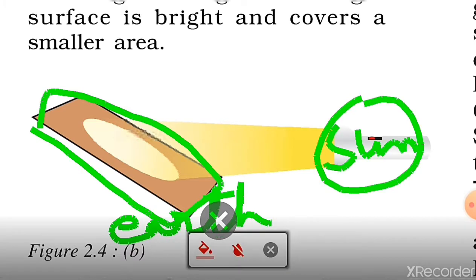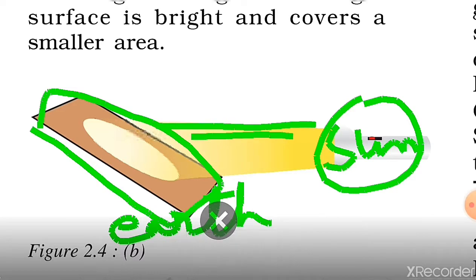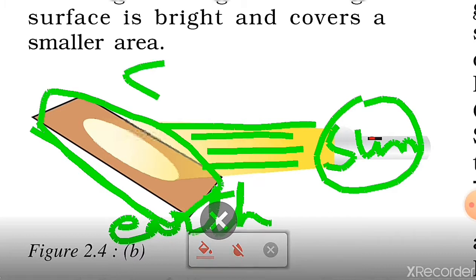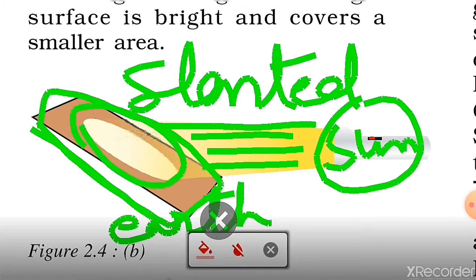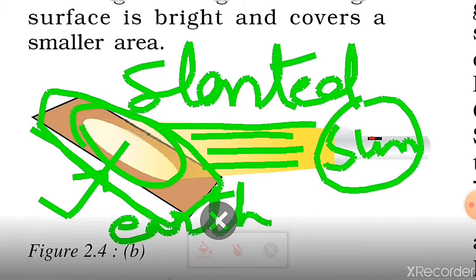Sunlight is falling on the earth, that means the torch's light is falling on the slanted surface. Now it is falling on the earth and it is less bright, but it covers a bigger area.